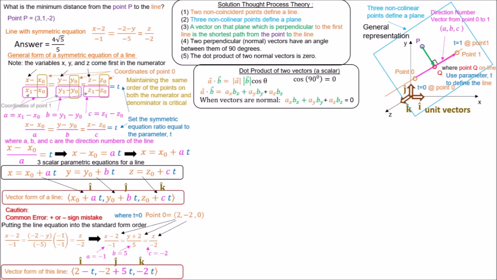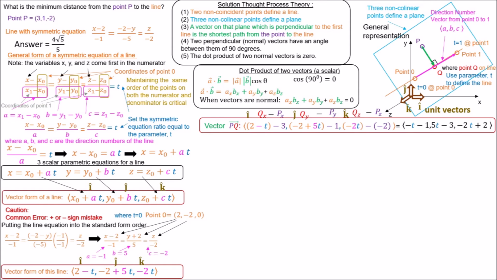As far as the j hat term, the y0 term is minus 2, so minus 2 plus b times t, and b is 5. And in the k hat term, the z0 is 1, so 1 plus ct, where c is minus 2. So now we have the vector form of the orange line.